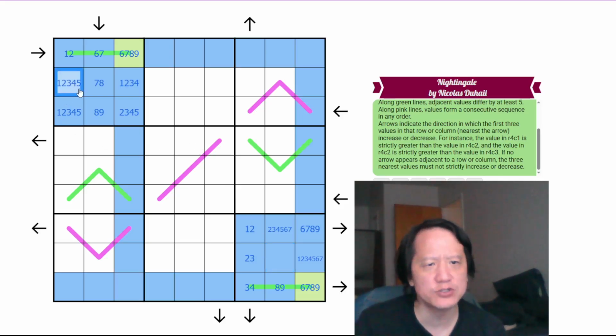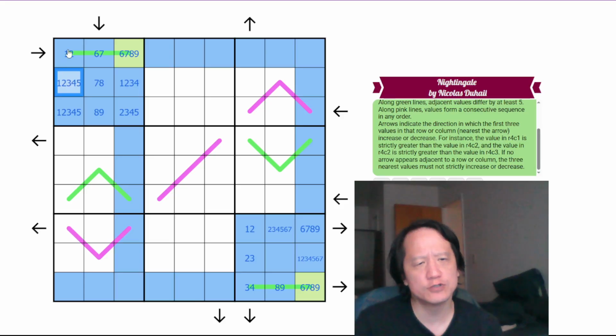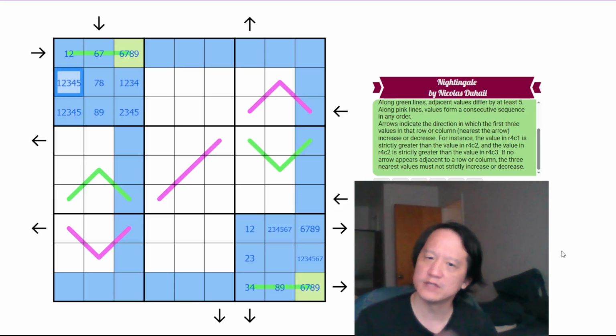This can't be a 2. If this is 2, that forces this to be 1, and this digit would be greater than 2. So that's not going to work.